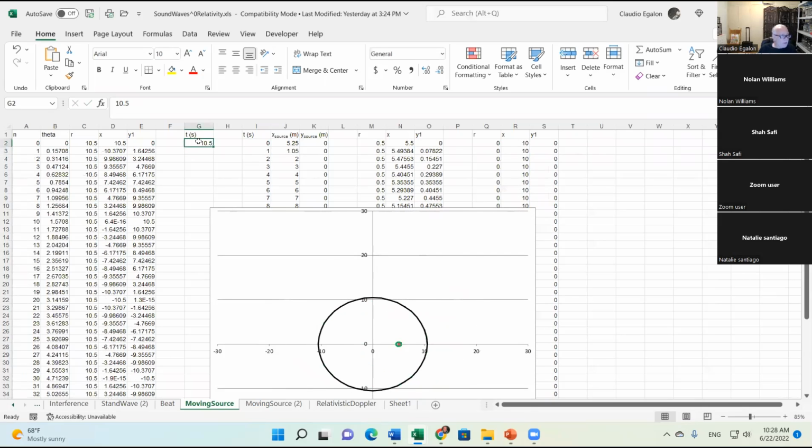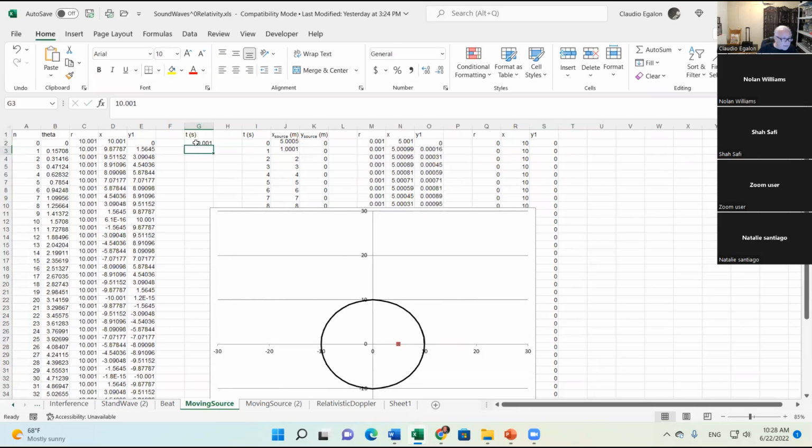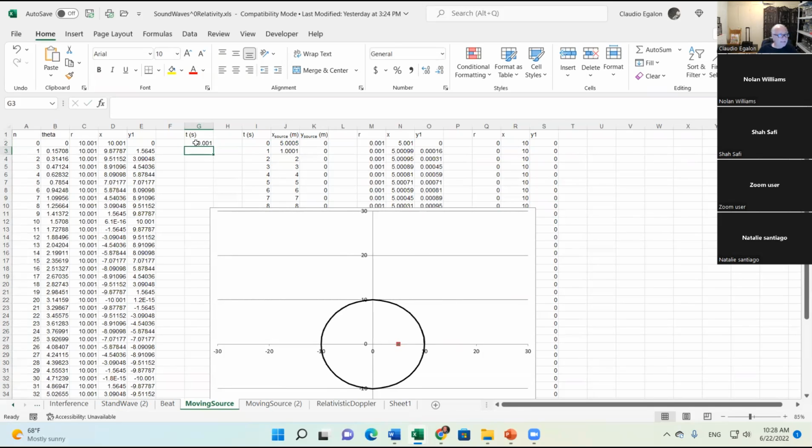Here you go. The source is emitting this wave at 10 seconds exactly. That is the period of the wave itself.